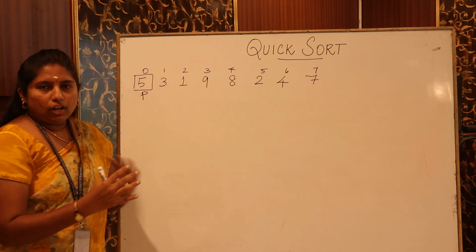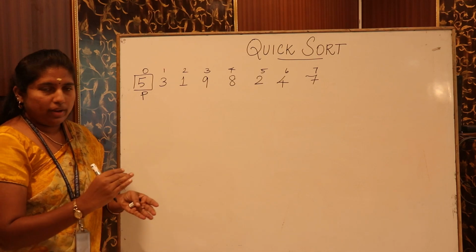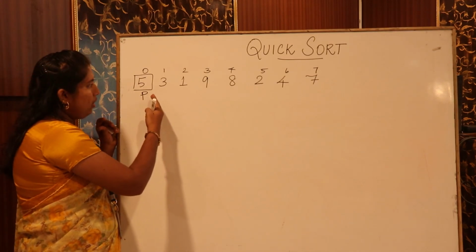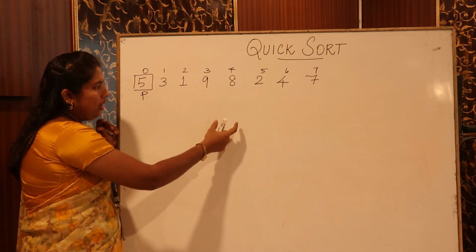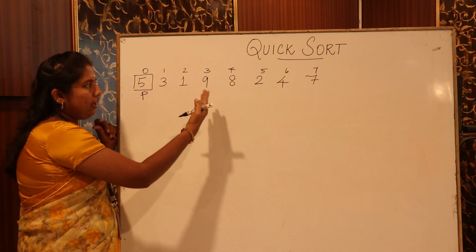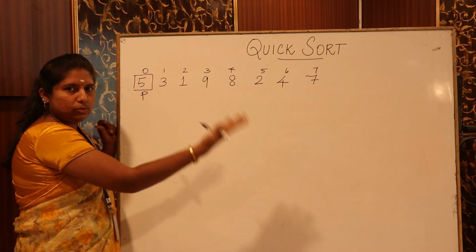The quicksort algorithm works in such a way that the pivot element will be placed in the middle, the elements lesser than the pivot element will be placed to the left hand side, and the elements greater than the pivot will be placed to the right hand side.